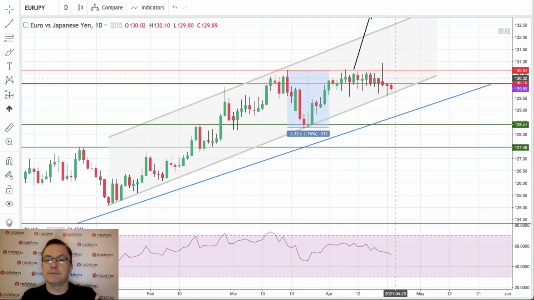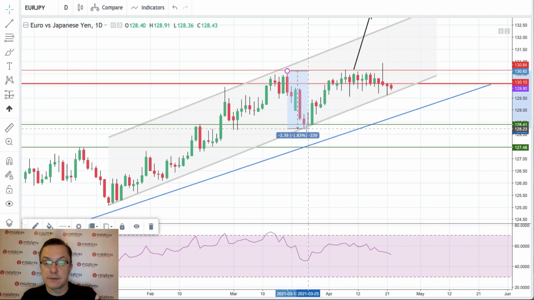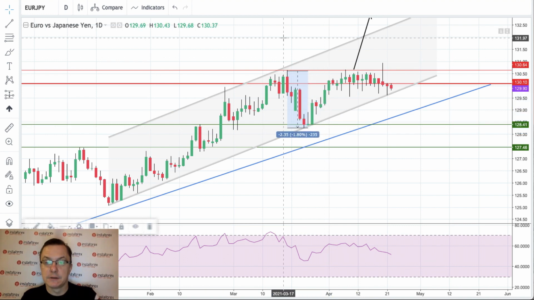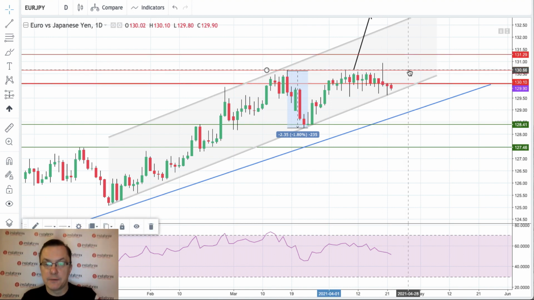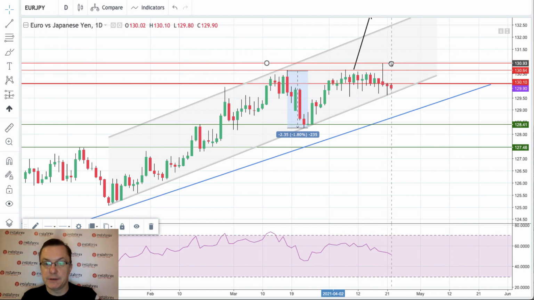Recently, we got some problem with the level of 130.64. There was a brief breakout, right? Let me just adjust the correction. There you go. Above this level, right at the top with 130.94, but so far as we can see, this candle here might be considered as a pin bar.